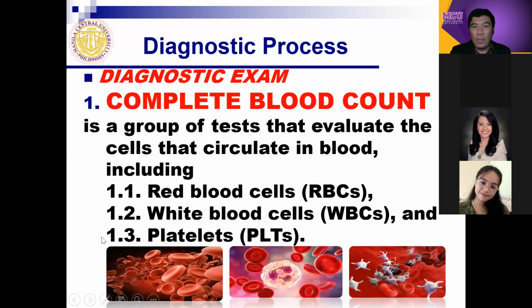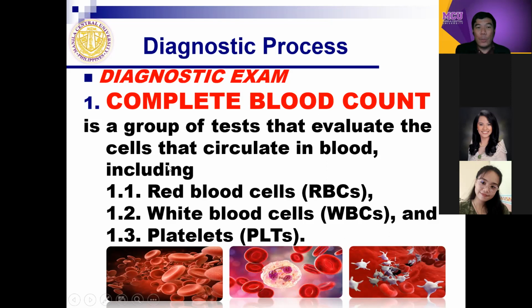If you see on the projected screen, we have a different structure of the RBC, this is obviously the WBC, and these are the microscopic evaluation of platelets. So when one blood specimen is tested, the count is identified based on the structure and characteristics of each cell.